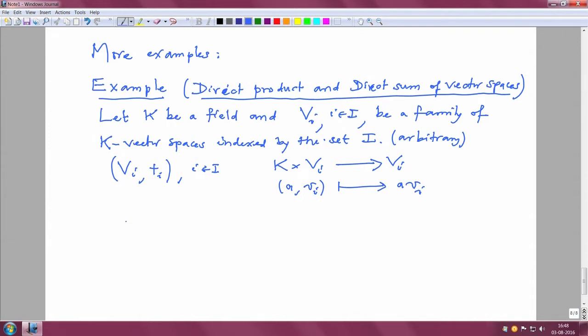So, now consider the direct product set. That is usually denoted by the product of Vi, i in I. This is also called a Cartesian product.